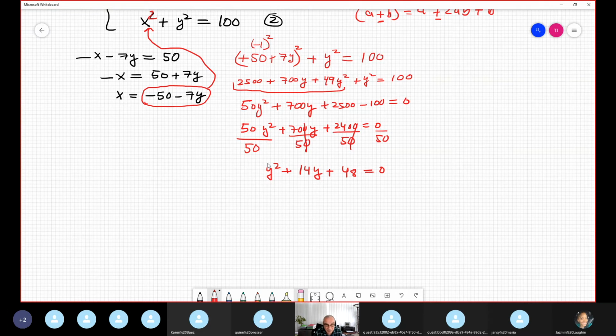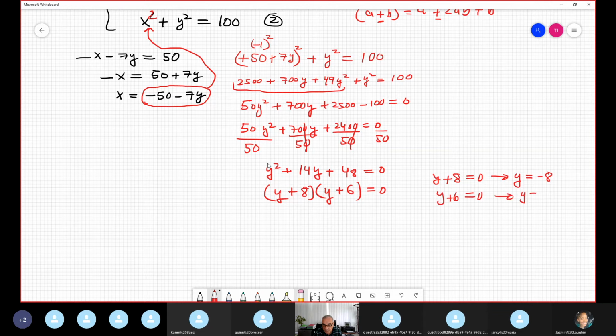I suppose we can finish by factorization because the combination is so obvious: 8 and 6. 8 times 6 is 48, 8 plus 6 is 14, plus both. Then you find the solutions: y plus 8 equals 0, therefore y is negative 8. y plus 6 equal to 0, y is negative 6.